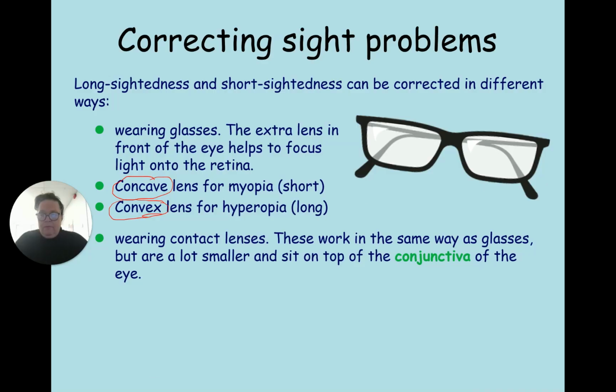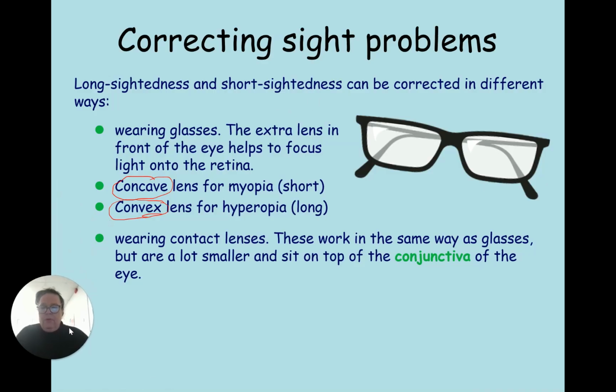So a convex lens, this one, is the oval shaped one. And the concave lens is that shape.